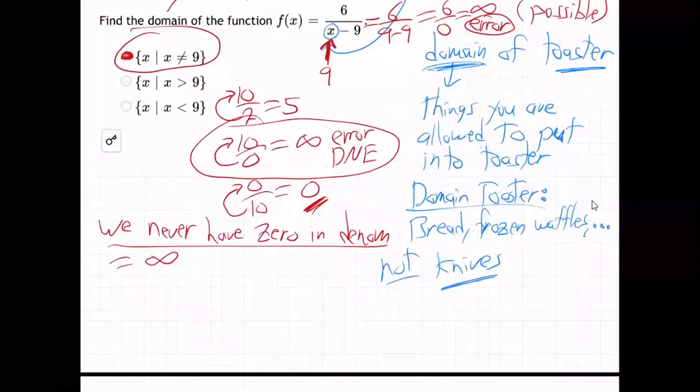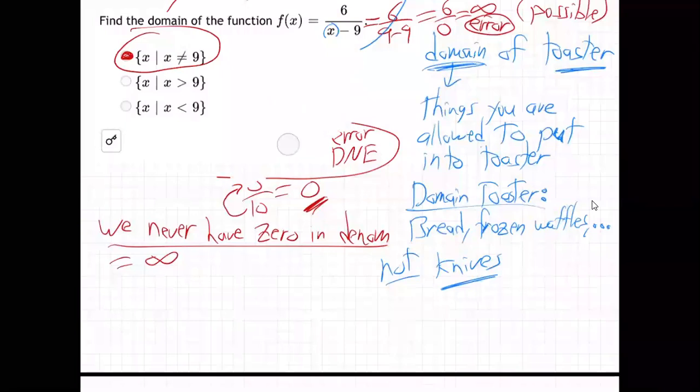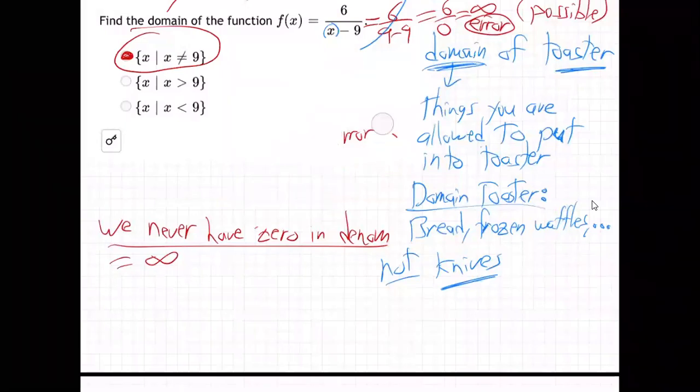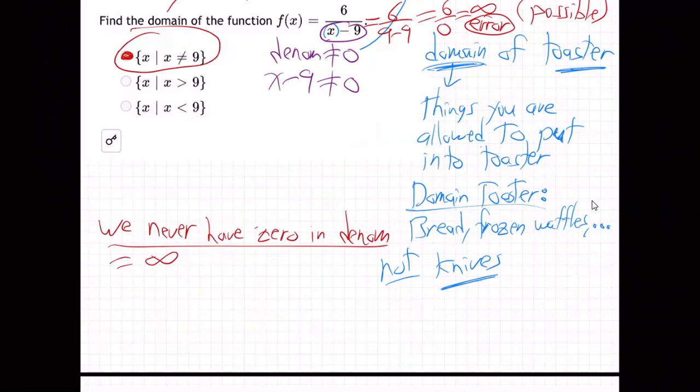So to do this problem without all this talk, I would just say, okay, get rid of all this. I wanted to explain it slowly to you, but here's all you would really have to do. You would just grab this denominator. You say, all right, denominator, you cannot equal 0. Denominators cannot be 0 because that'll be infinity when we divide by 0. And then you just solve for it.